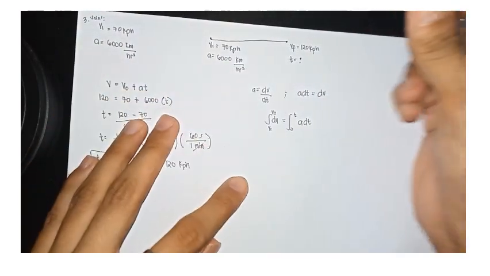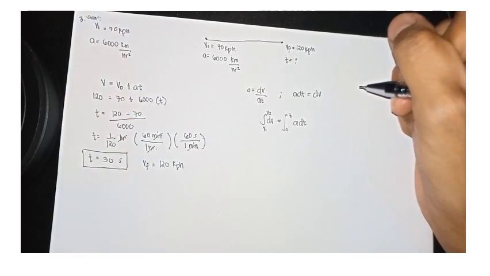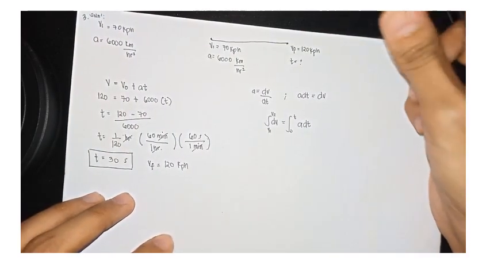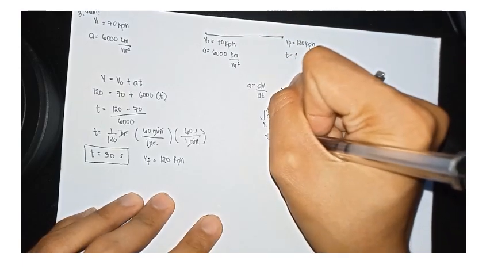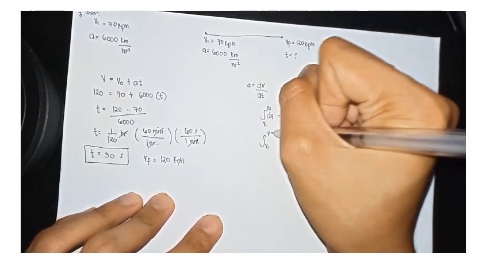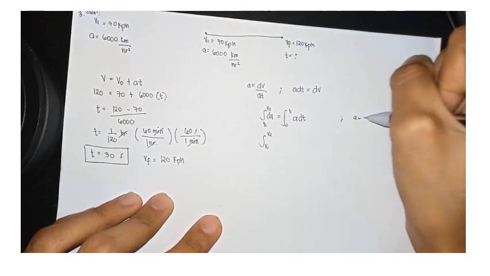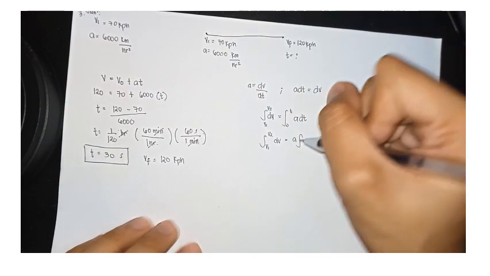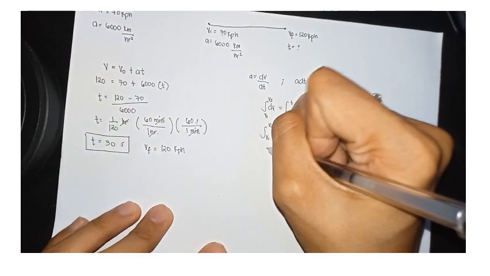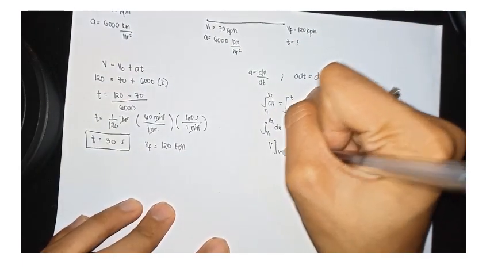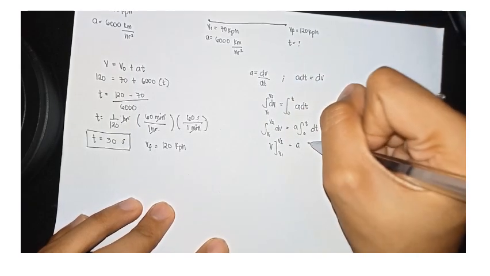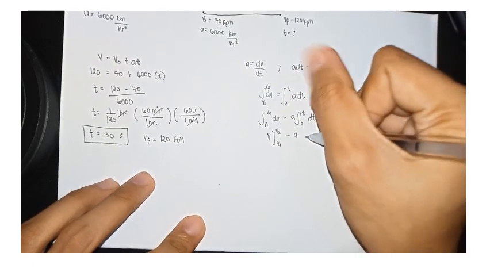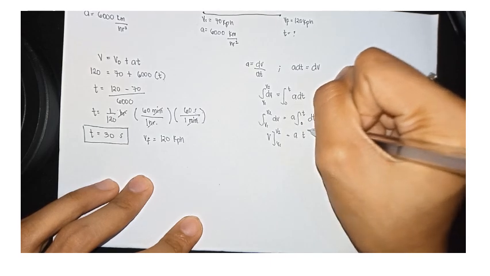Integrate both sides. Since the acceleration here is constant, we can bring it out, with V1 to V2 on one side and 0 to t on the other.